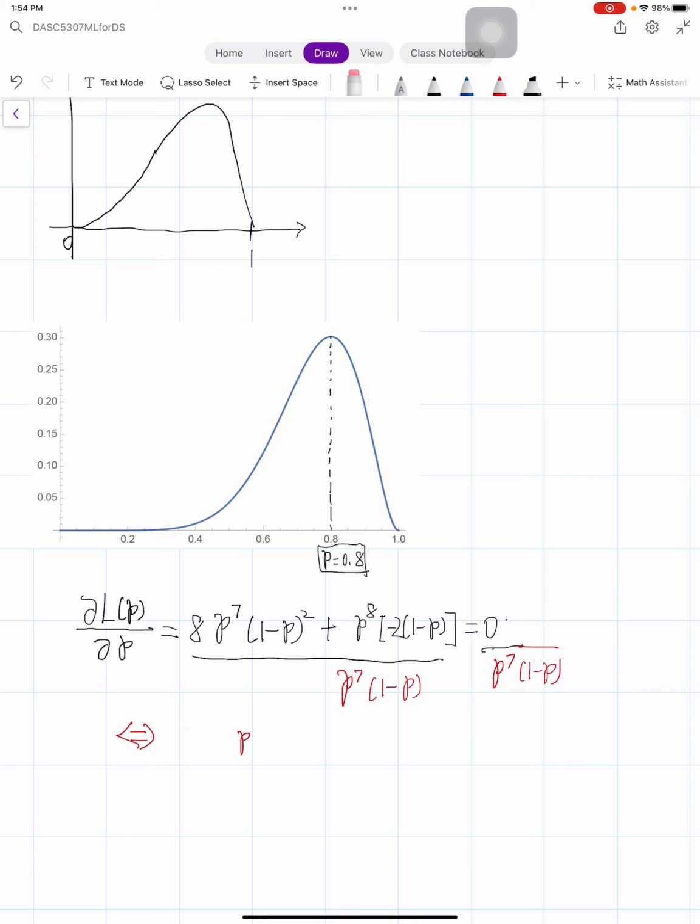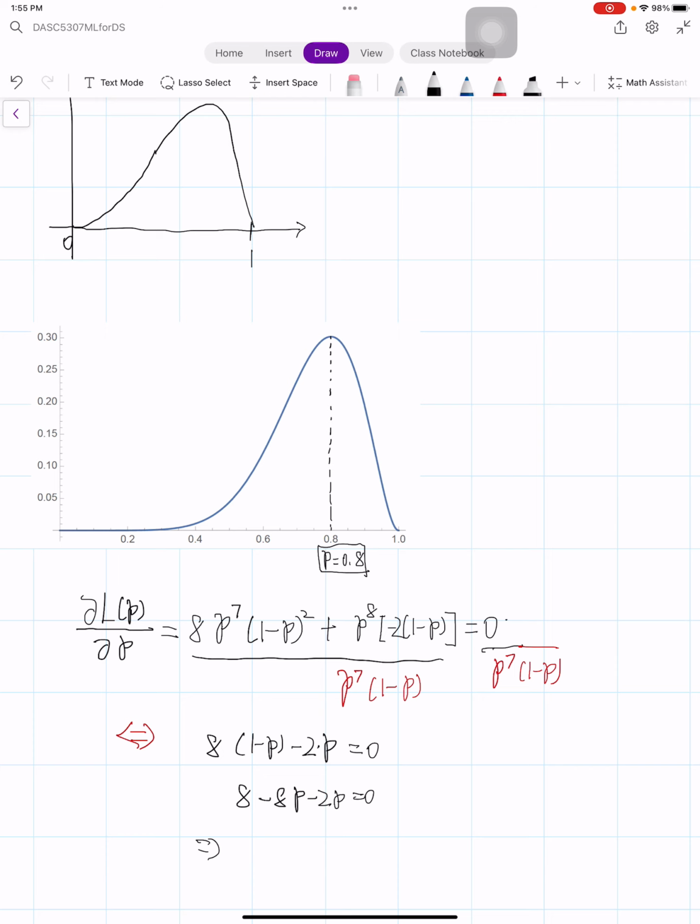So we can get 8 times (1 minus p) plus p minus 2 times p equal to 0, right? And we have 8 minus 8p minus 2p equal to 0.